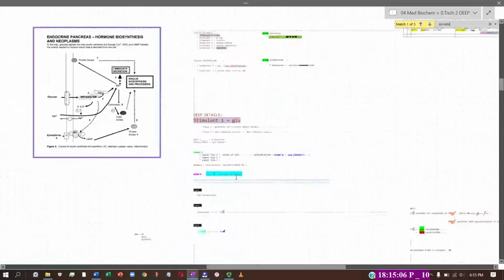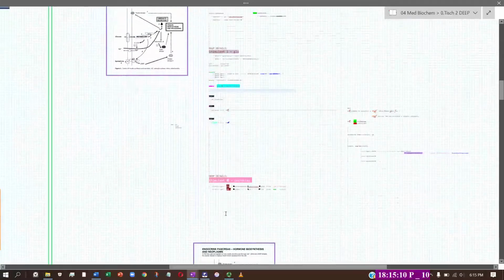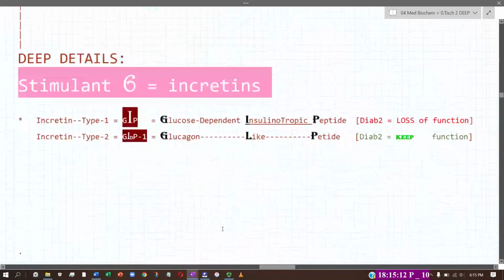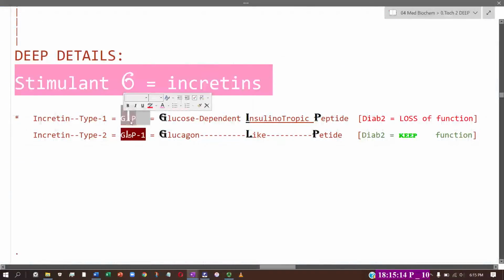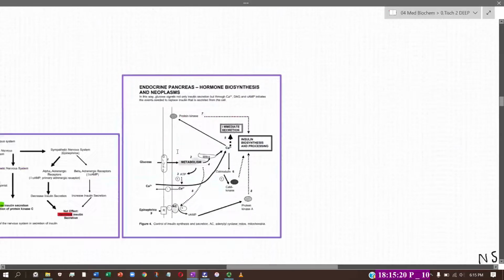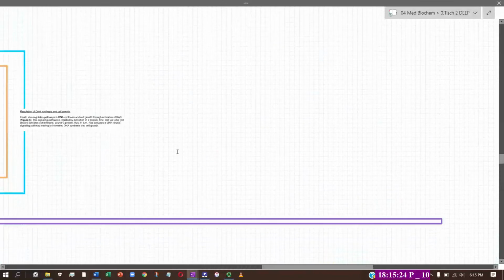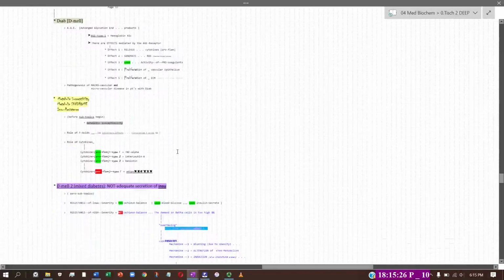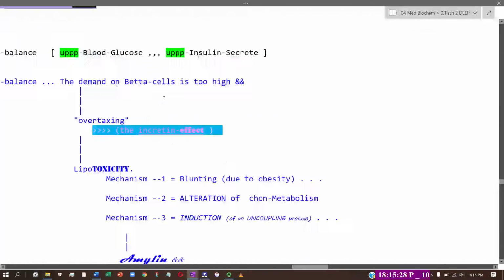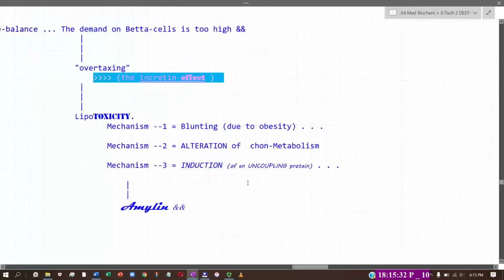Over here in the notes, we had gone into deep details about incretins, and the two that were mentioned were GIP and GLP-1. So incretin effects are relevant to the notes down here. Something about overtaxing the beta cells and the incretin effect. Cool. We'll come back to that.